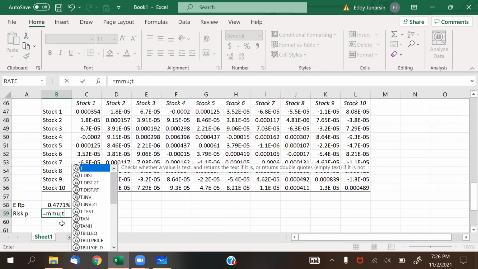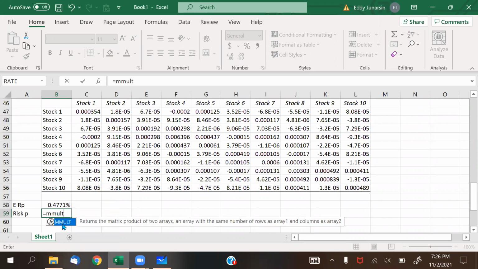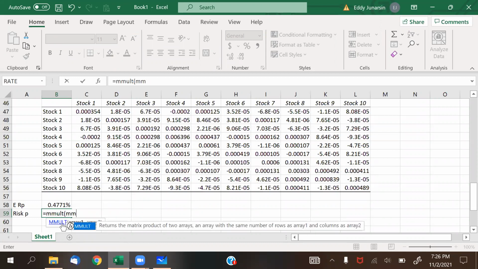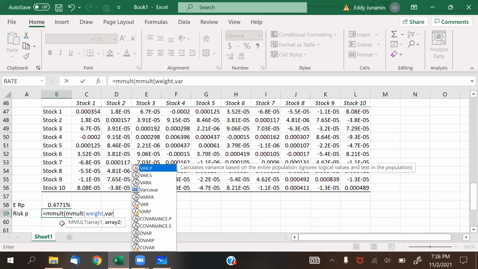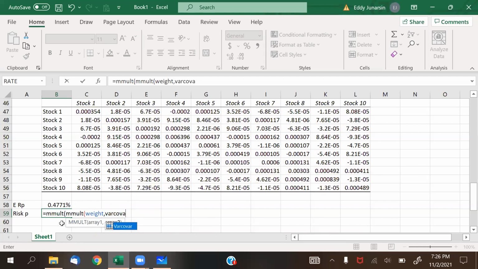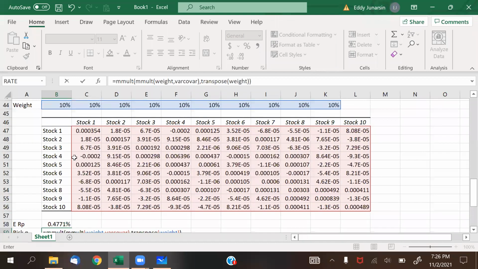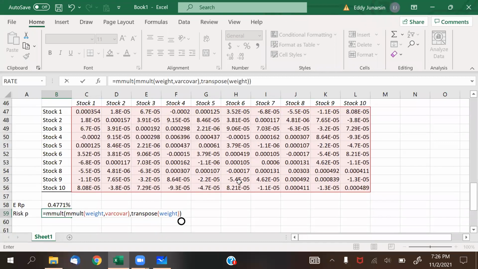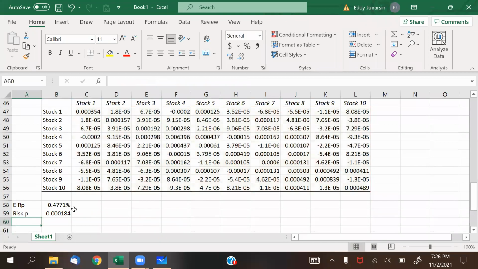MMULT, and then MMULT again, then MMULT, and the weights, and then cofar, the variance and covariance matrix, and then we transpose the weights again, the weights that we named above. So we get, yeah, something.